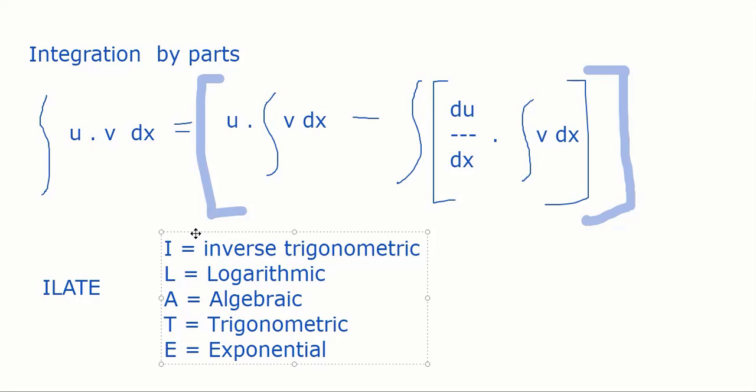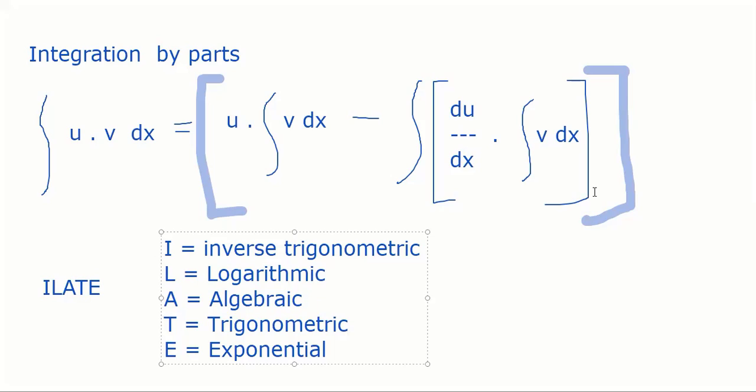So why do we use ILATE? What is the usefulness? Suppose your function is x log x. So tell me, everybody on chat, if I have the integration of x into log x, which function are you going to choose as the first function? We'll solve it, but tell me first. x log x. Which function are you going to choose as the first function? Tell me on chat, everyone.